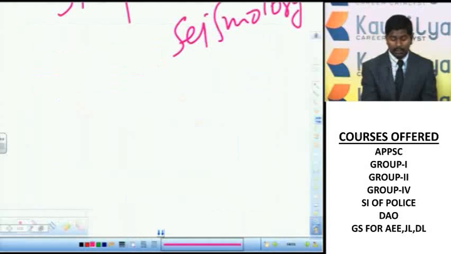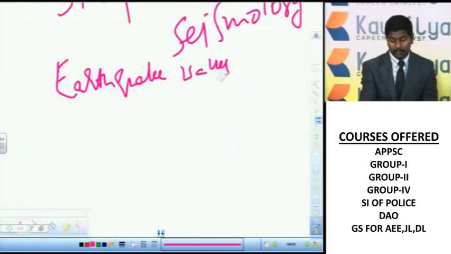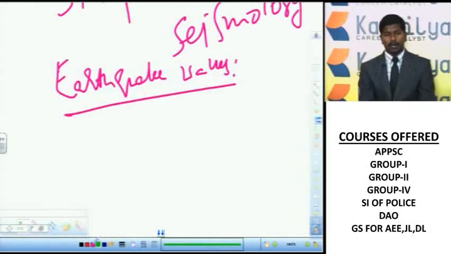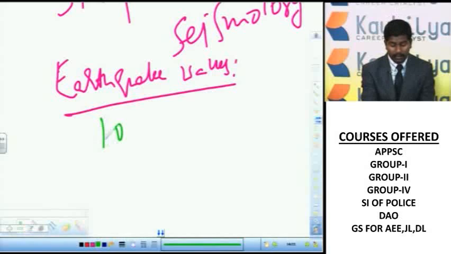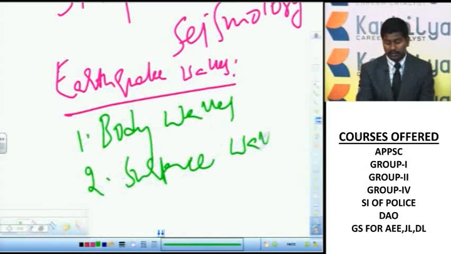So let me discuss these earthquake waves. These earthquake waves can be broadly divided into two parts. One is body waves, the second is surface waves.